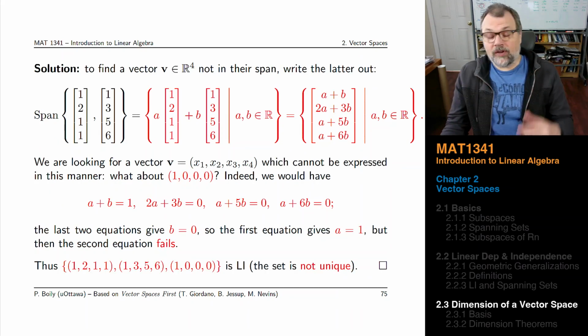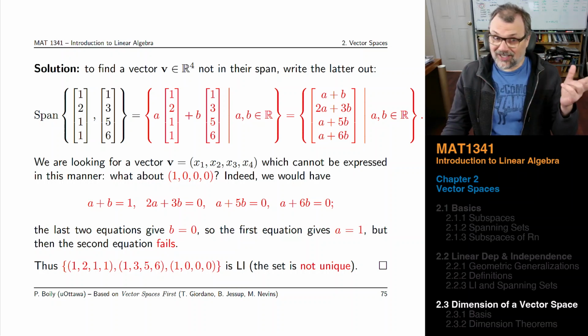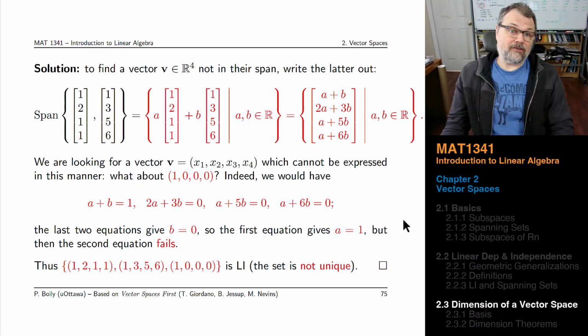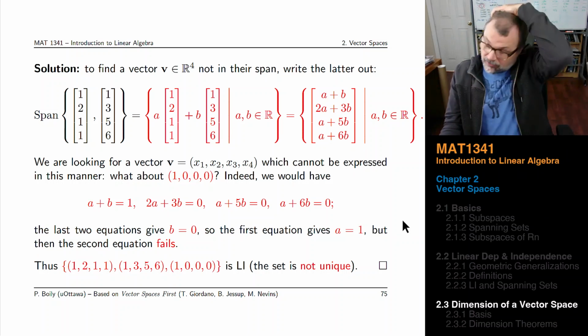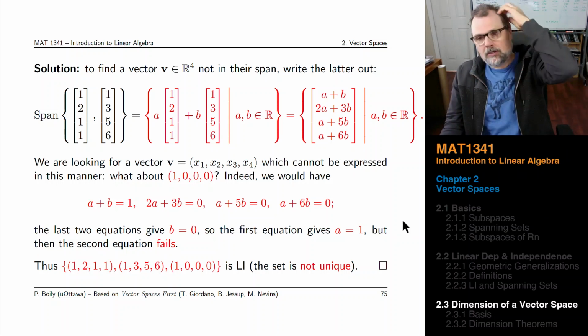So we need to find a vector that is not in the span of these two vectors, and then we can add that vector to the set that contains the two vectors, and we'll have a larger linearly independent set. Well, in order to find a vector which is not in their span, it'd be nice to be able to describe the span.